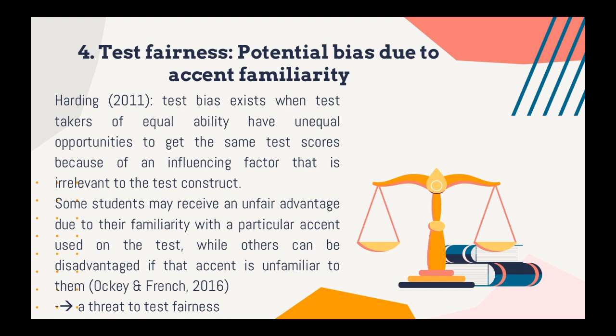The major concern regarding the use of non-native speakers' accents as listening assessment input is that some students may receive an unfair advantage due to their familiarity with a particular accent used on the test, while others can be disadvantaged if that accent is unfamiliar to them.